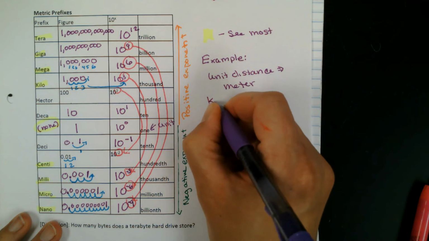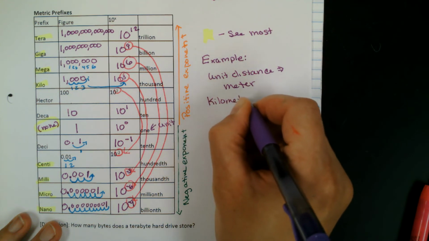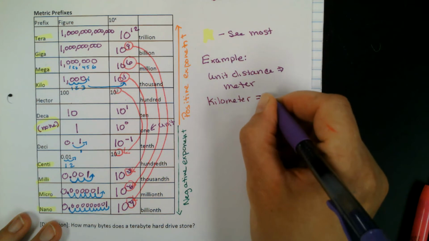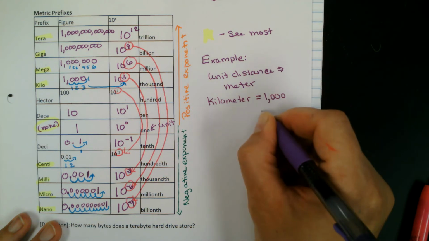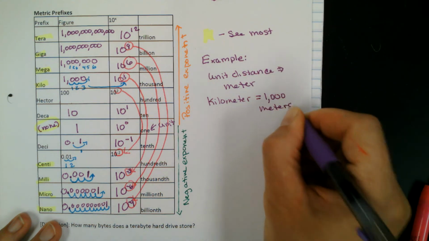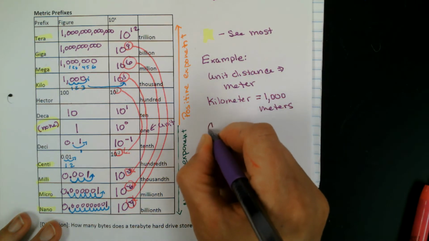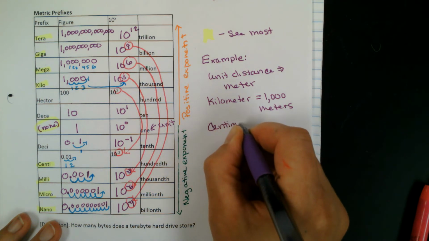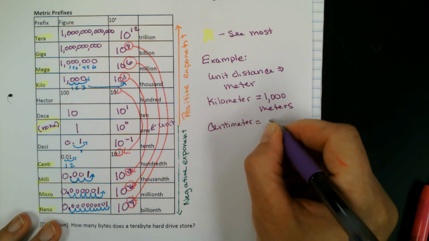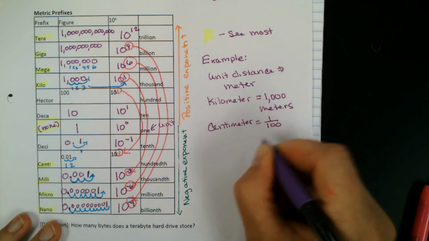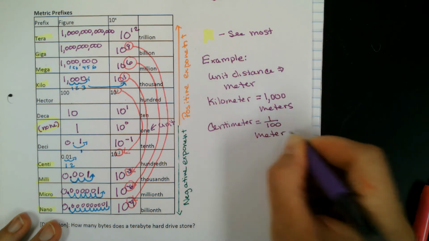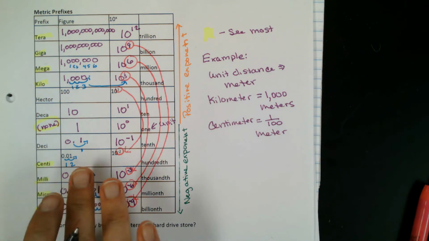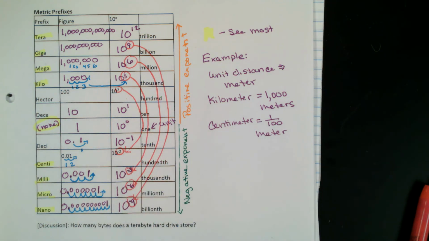So a kilometer is equal to 1,000 meters. A centimeter is equal to 1/100th of a meter, or we could say 0.01 meters or 10 to the negative 2 meters, any of those.